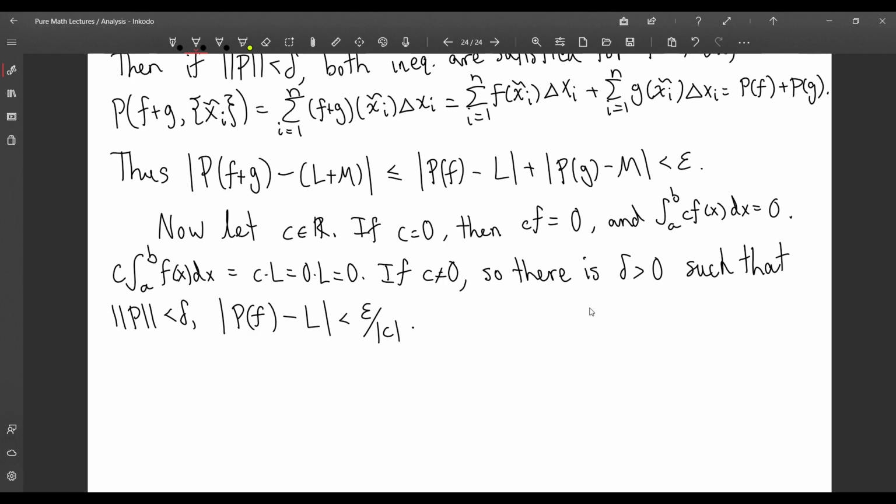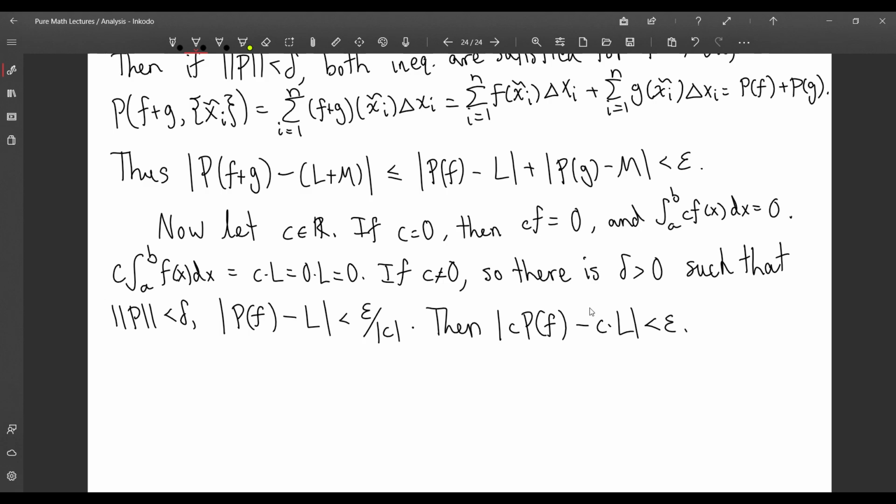So this is why we had to break it up into two cases, because if c is 0, then we would be dividing by 0 here. But when c is not 0, the absolute value of c is not 0 as well. And we can just multiply both sides by the absolute value of c. The absolute value of c is a positive number, so it keeps the inequality sign, and then we can bring c in here, and we get that c times P of f minus c times L is less than epsilon.